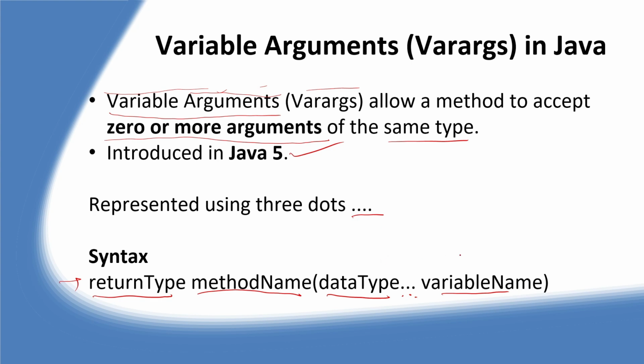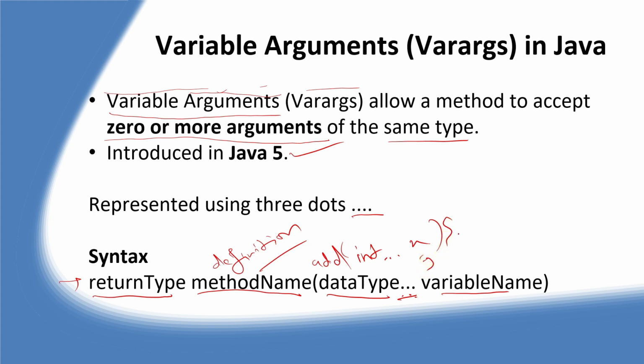This is the method definition, where we add 3 dots after the data type. Let's say int followed by dots and a variable name, say x, and let's say we have a method add. We will have some lines of code inside.